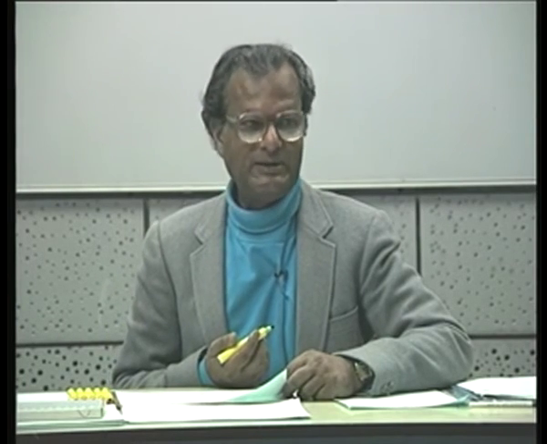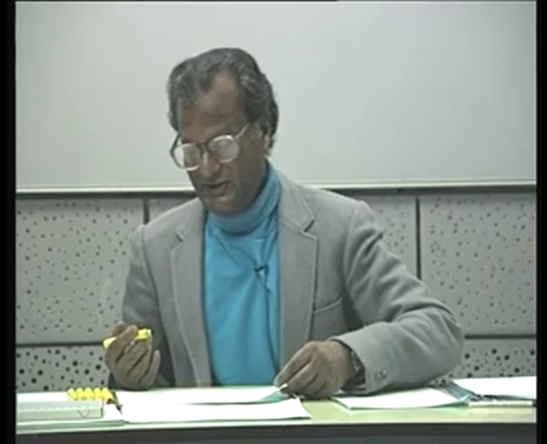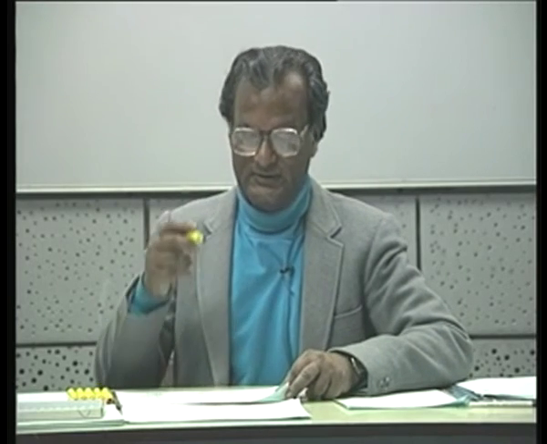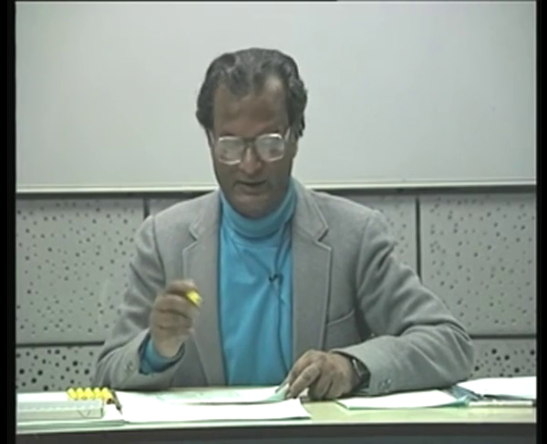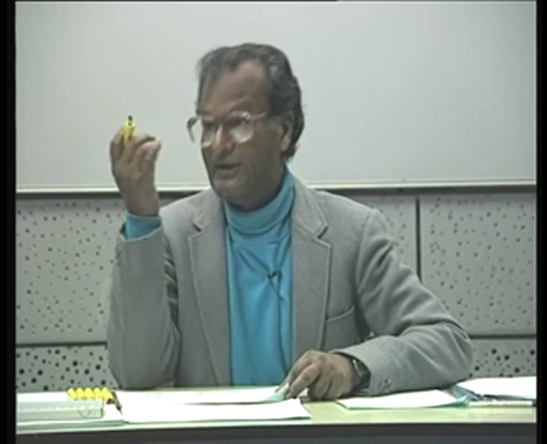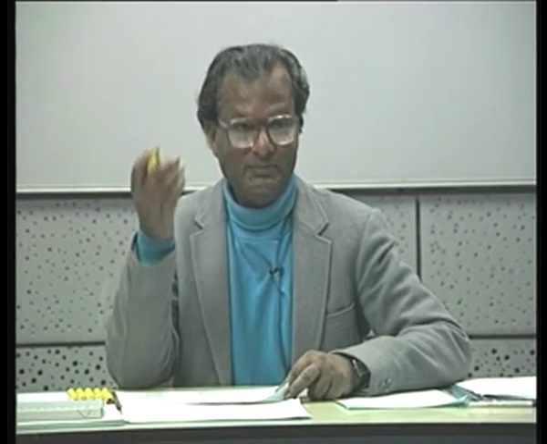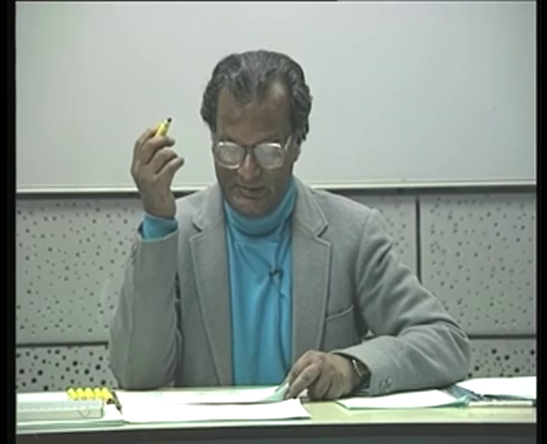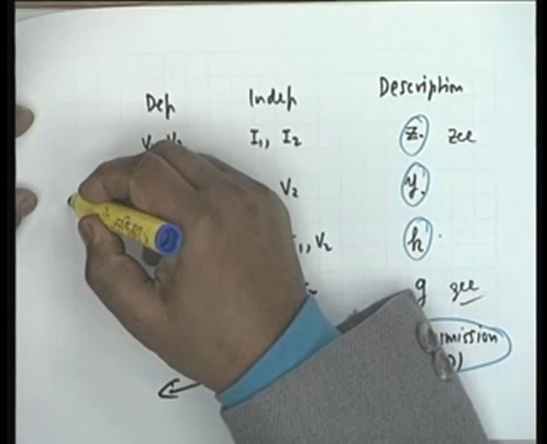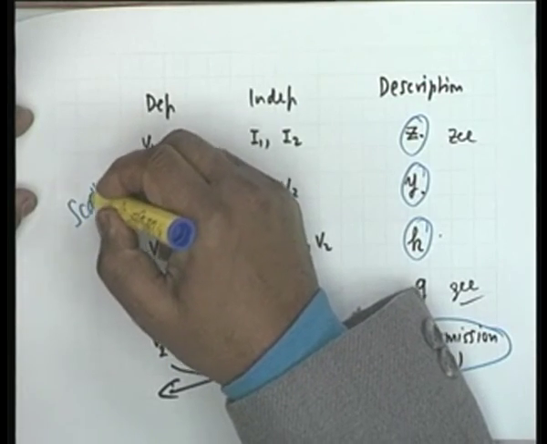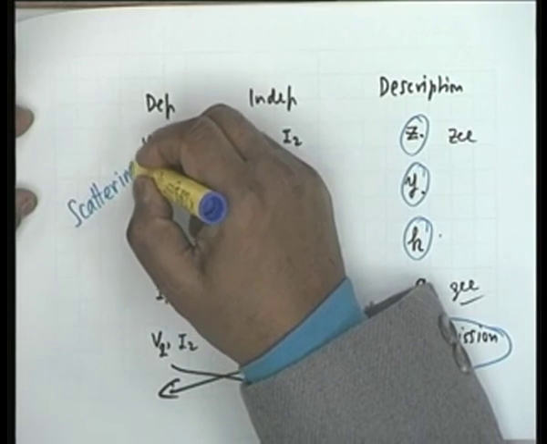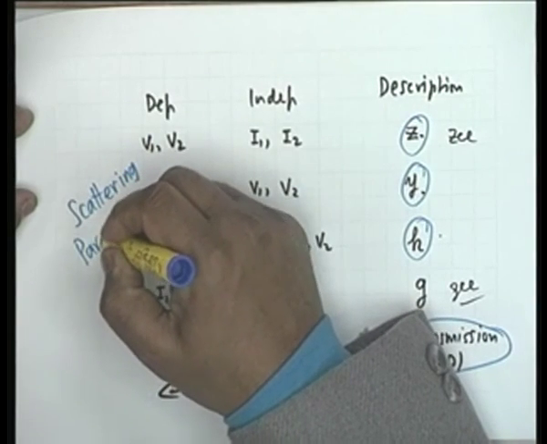ABCD parameters multiply. Well, in addition to these 6, for a 2-port, a 2-port is a special case of a multiport in which the number of ports is equal to 2. For a multiport, there is another description which is extremely useful at very high frequencies, and these are called the scattering parameters.